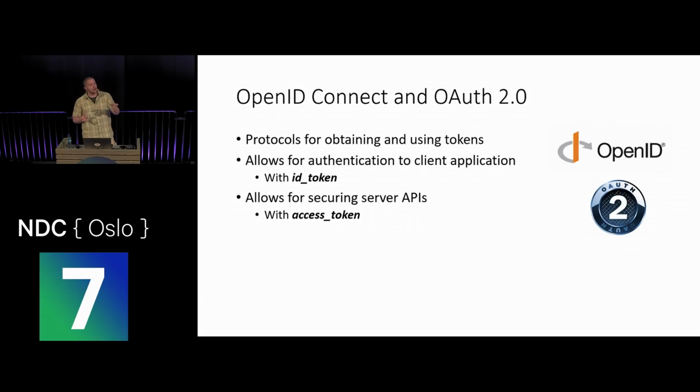And then there's another token called an identity token that is meant to be consumed by the front end of the application, and that's for the authentication piece of things. So your JavaScript app might like to say, welcome back, Brock, and then the JavaScript SPA wants to call an API. So the ID token is going to contain my name for the front end, and the access token will be used to call to the back end. So these are the protocols that are the standards for building a SPA to obtain these types of tokens.